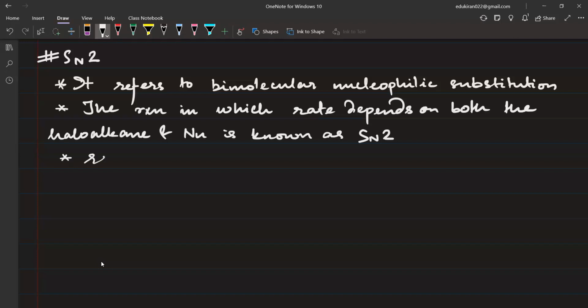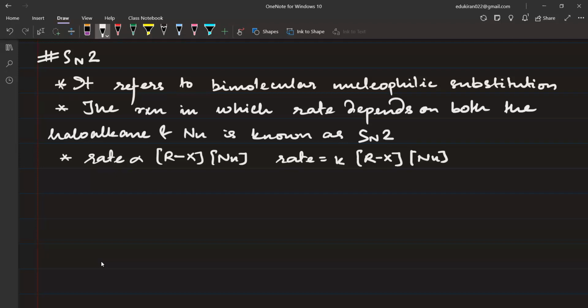So in this case, rate is proportional to the concentration of the haloalkane as well as the nucleophile, and that is why you can write rate is equal to K times haloalkane concentration times nucleophile concentration. The order is 2 and the molecularity is also equal to 2.